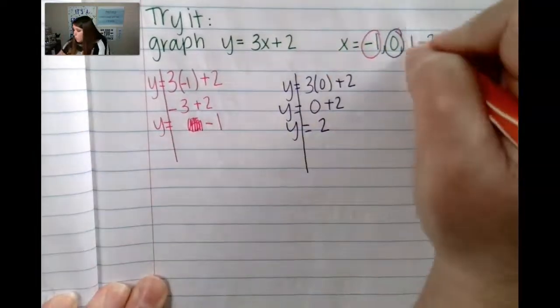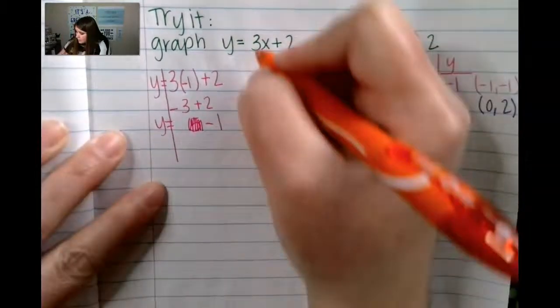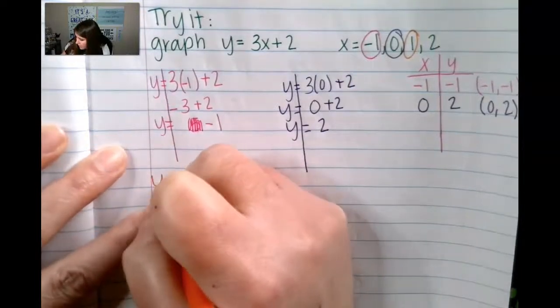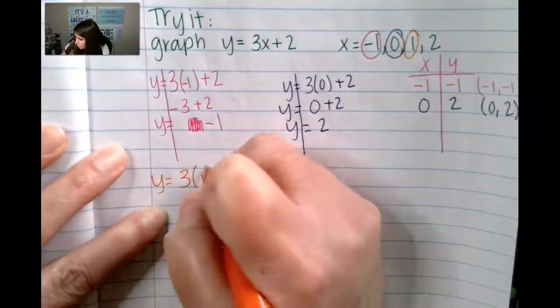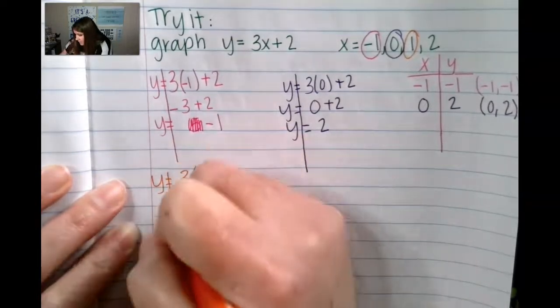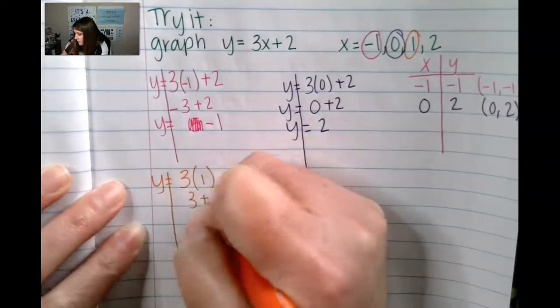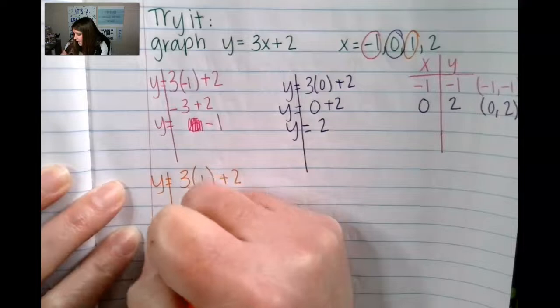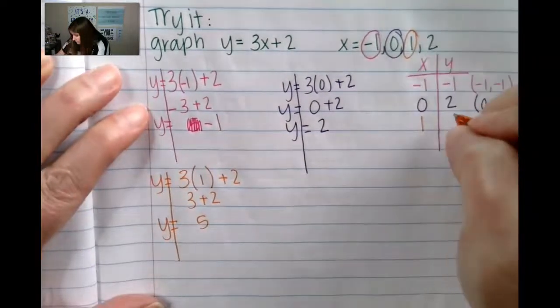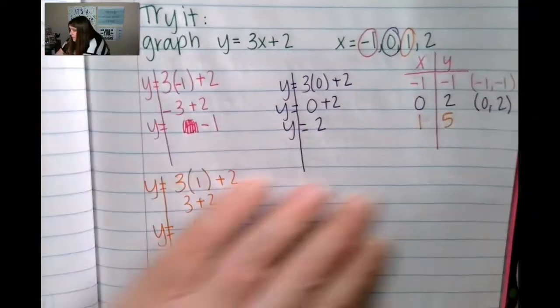Okay, 1, now let's look at 1 and this problem here. So Y equals 3 times 1 plus 2. Good thing I already did this one, huh? So 3 plus 2, which gives us 5. So Y equals 5. So when we input 1, our output is 5.